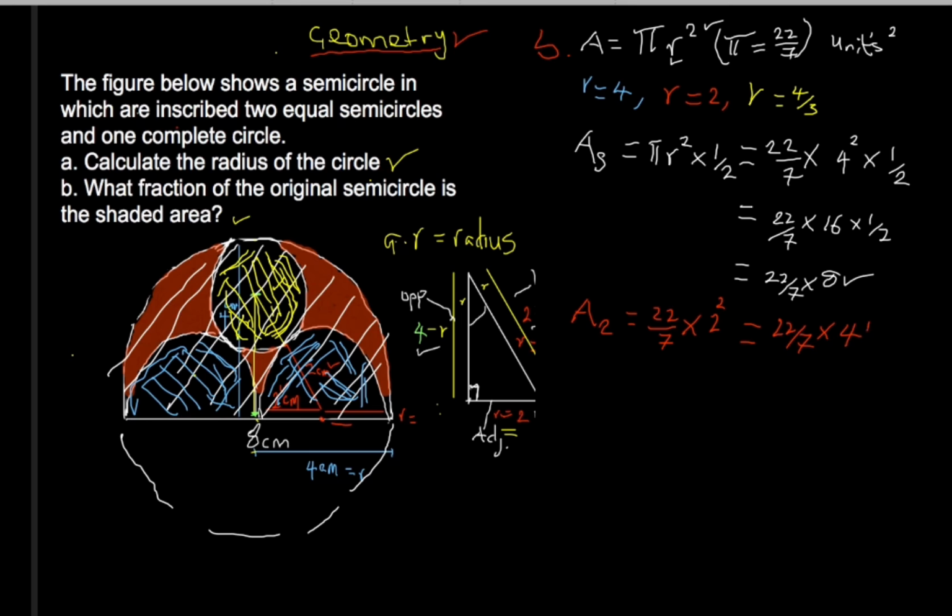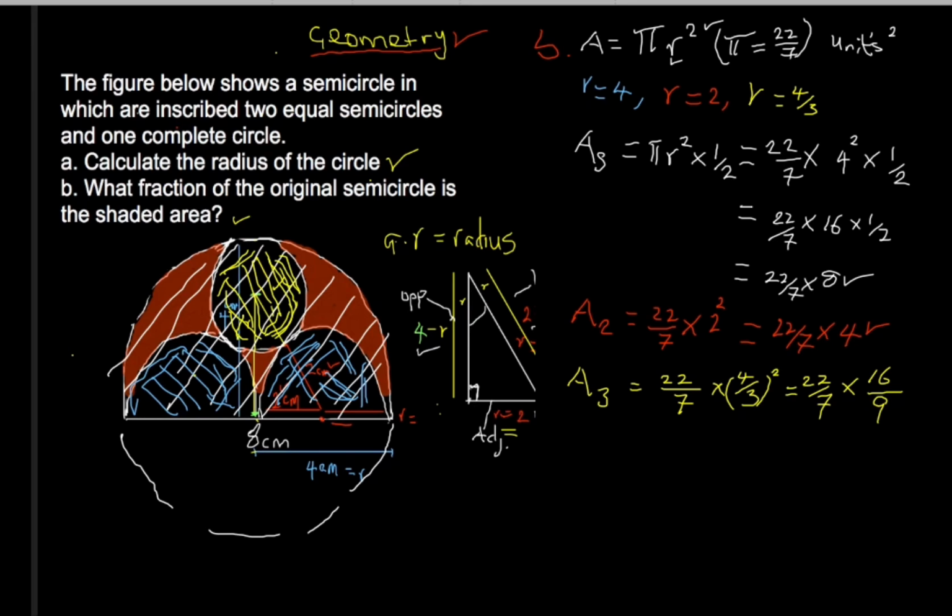That will be their area. The last one is the area of the complete circle, which I will call area 3. It will be 22/7 times 4/3 all squared. I have 22/7 times 16/9.